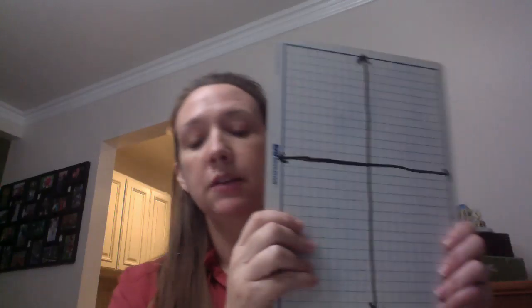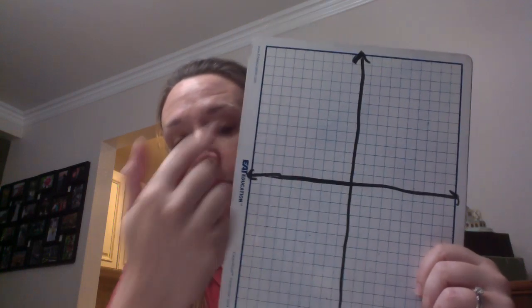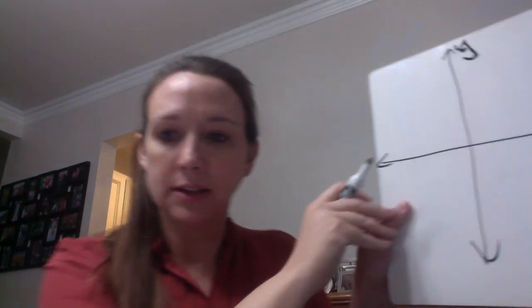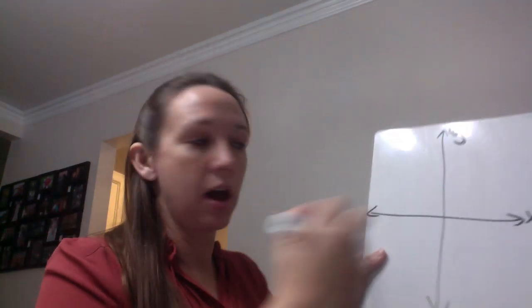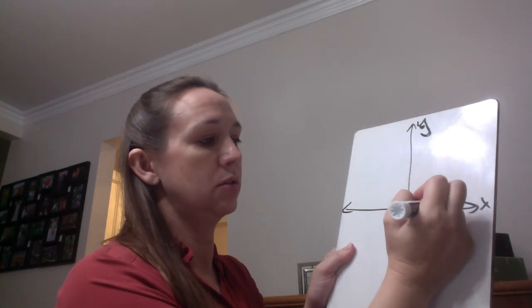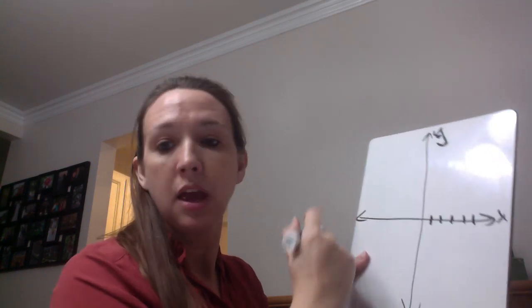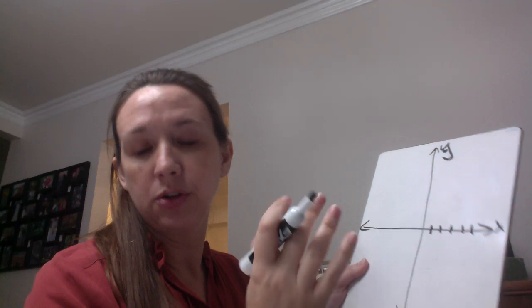So here it is if you have a graph paper. If you don't have a graph paper, then you're going to do the same coordinate plane, but just on your regular paper. So you would draw your y-axis and your x-axis like that. And then you would draw your intervals like 1, 2, 3, 4, 5, and go as far as you want, as far as you get to make up the points.